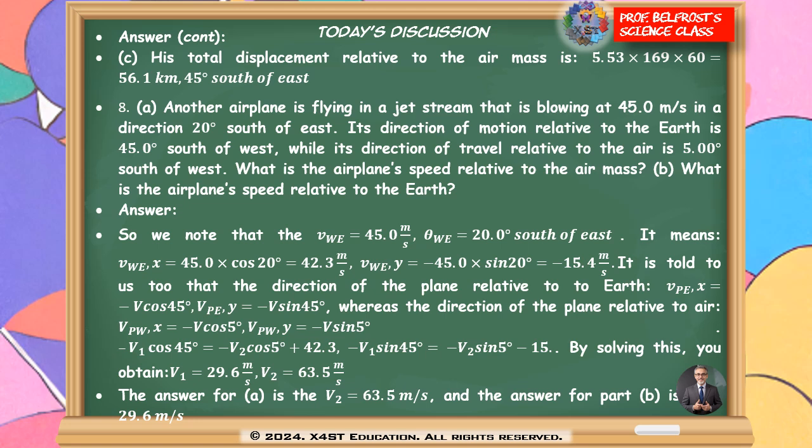V1 is actually the airplane speed relative to the Earth, and V2 is actually the airplane speed relative to the air mass, and that's the answer. So A is 63.5 meters per second, and B is 29.6 meters per second. And done.